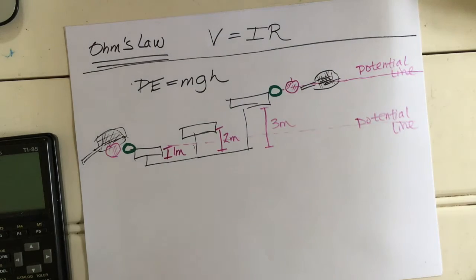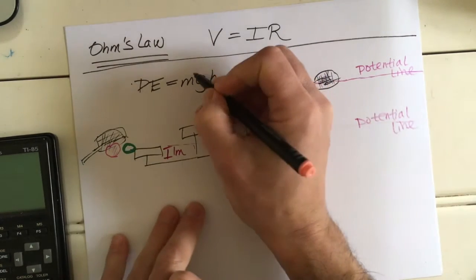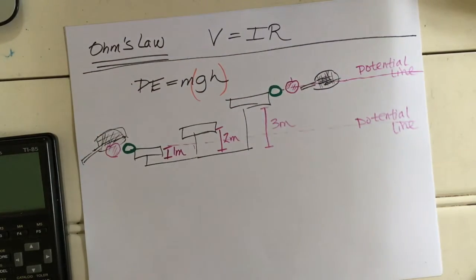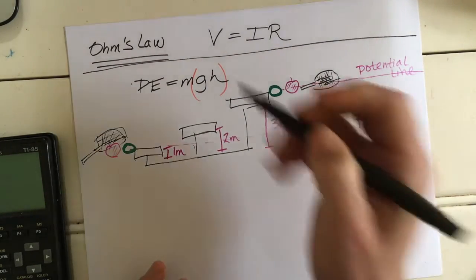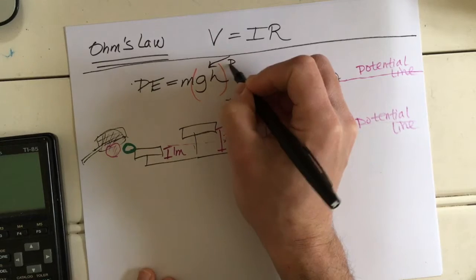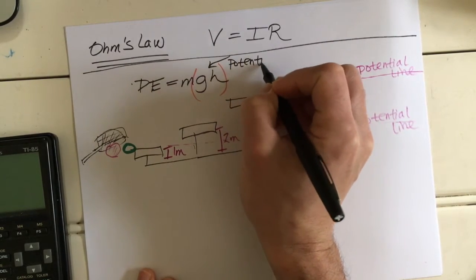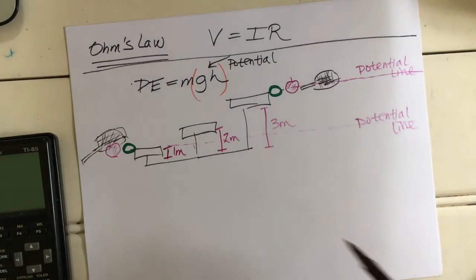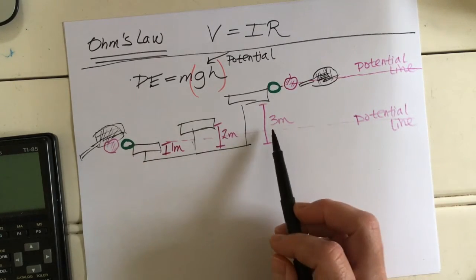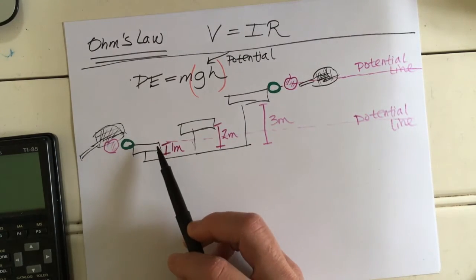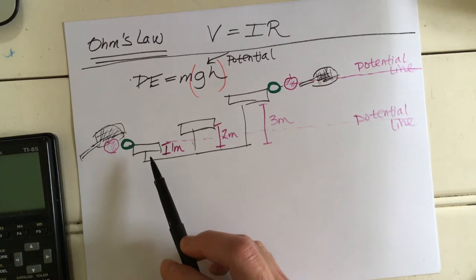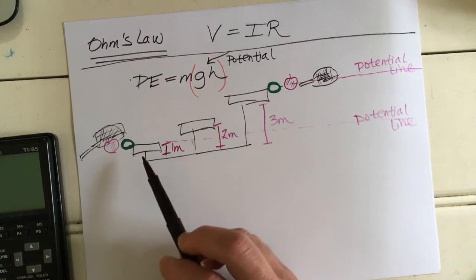So what is potential then? Potential is this right here, is g times h, right? g times h is this idea that there's something called potential, and it's some number, right? It's 9.81 times 3. It's 9.81 times 1. So I guess the potential here would be about 10, right? 9.81 times 1.